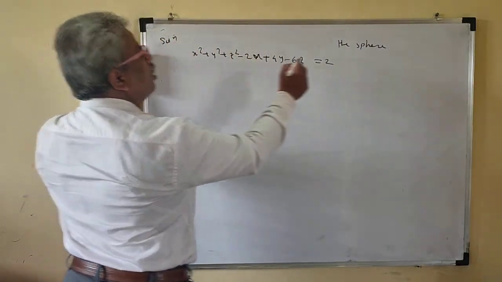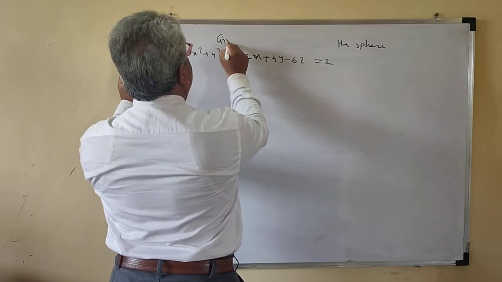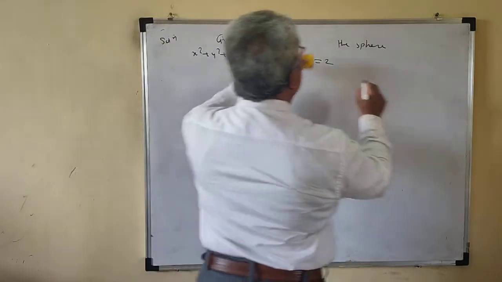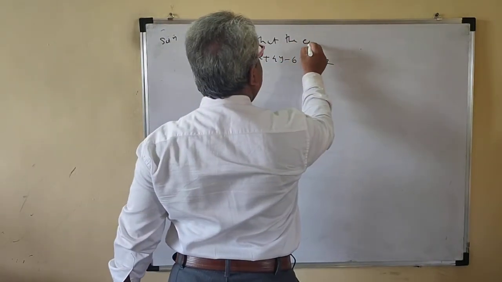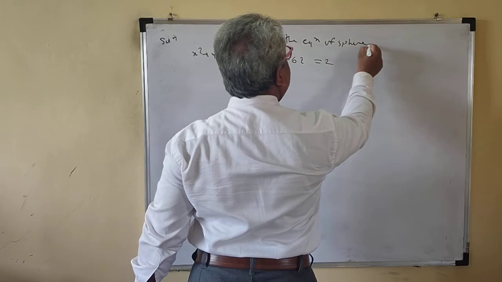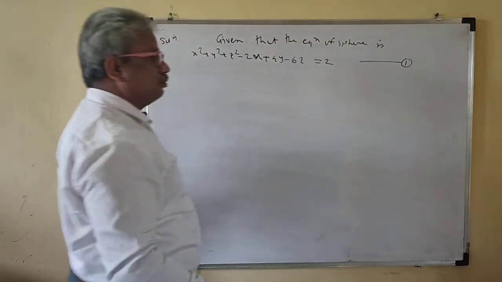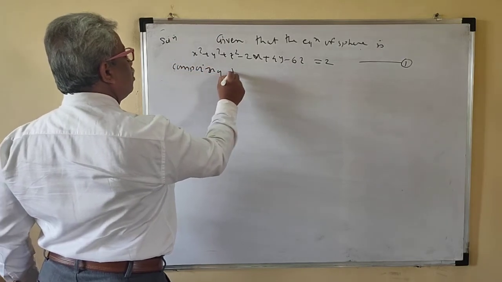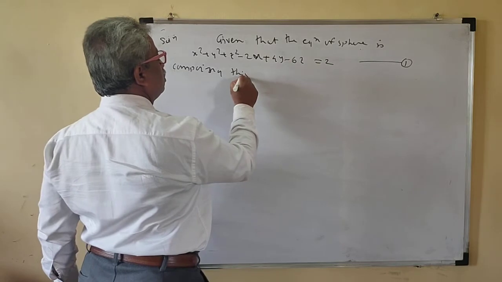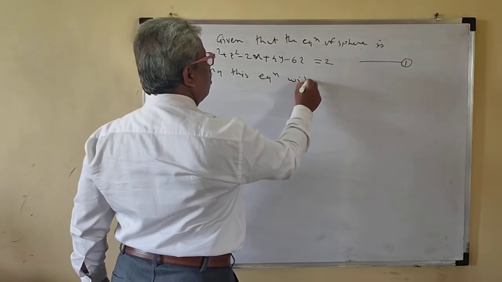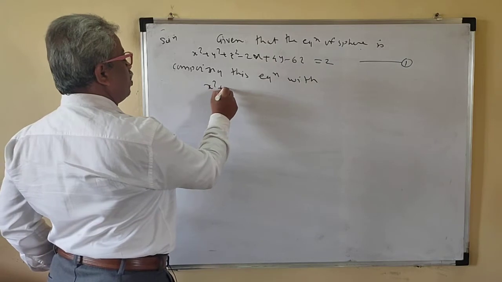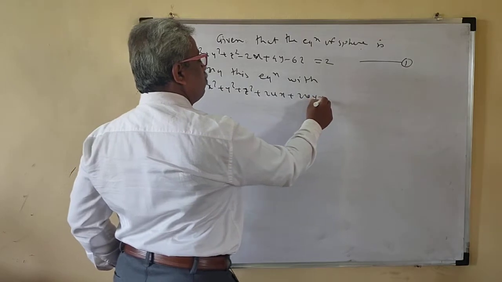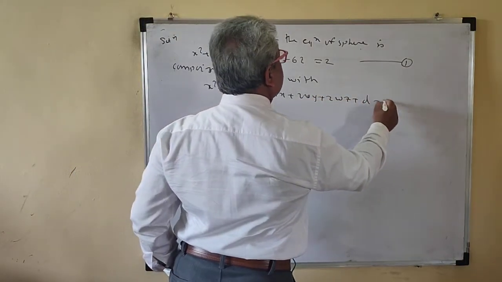Solution. The equation of the sphere is given; I'll call this 1. Comparing this equation with x square plus y square plus z square plus twice ux plus twice vy plus twice wz plus d is equal to 0.